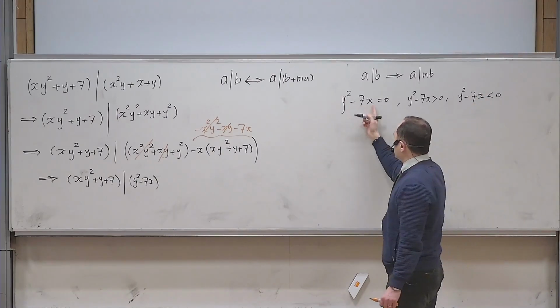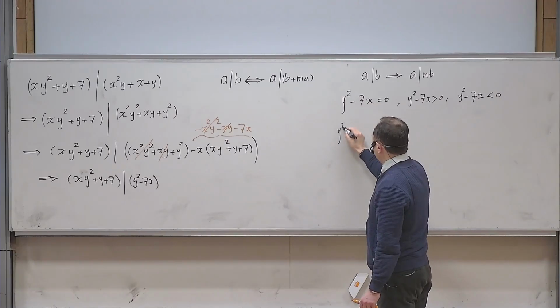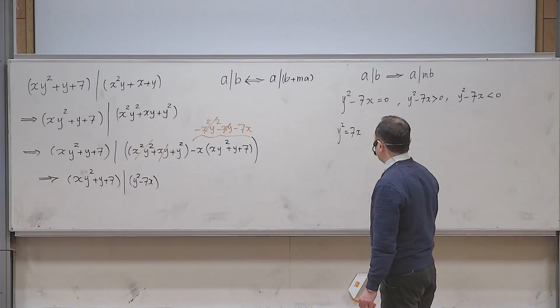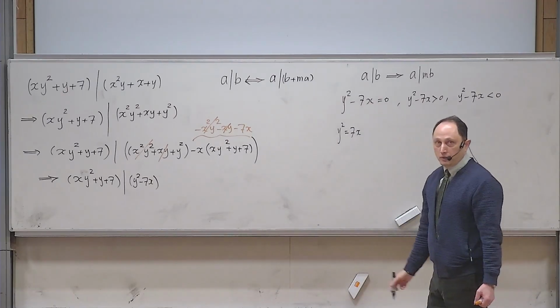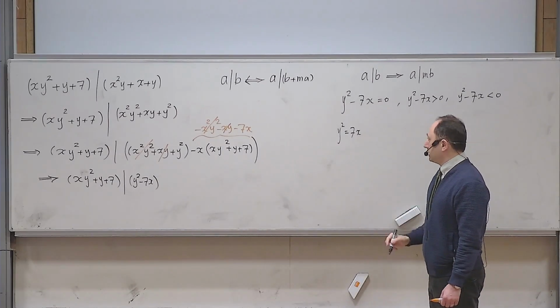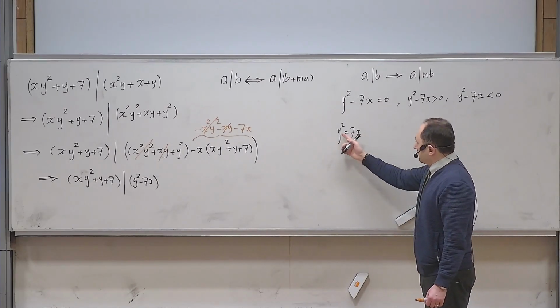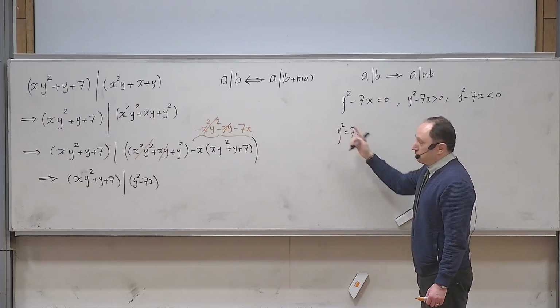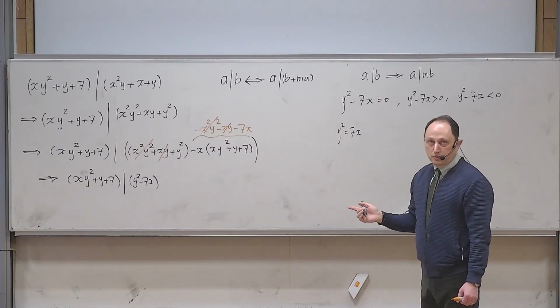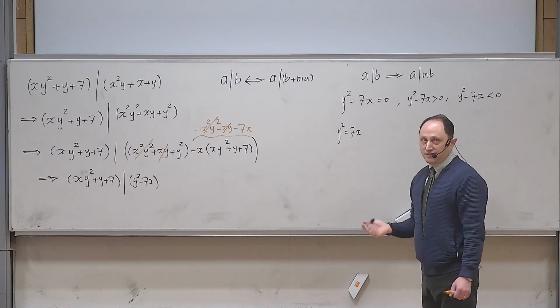What happens if this is going to be the case? So y squared is supposed to be 7x. But be careful, we are working with natural numbers, so x and y should be natural numbers. This means that the left-hand side is a complete square, so the right-hand side should also be a complete square, but you already know that 7 is a prime number.